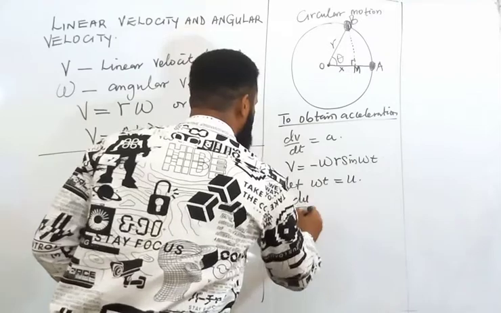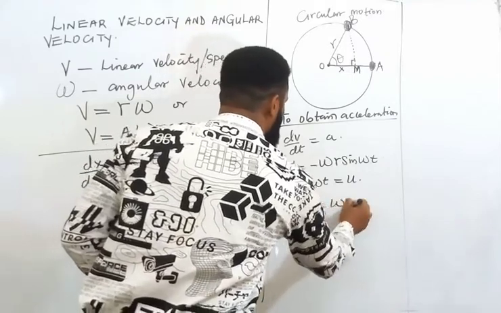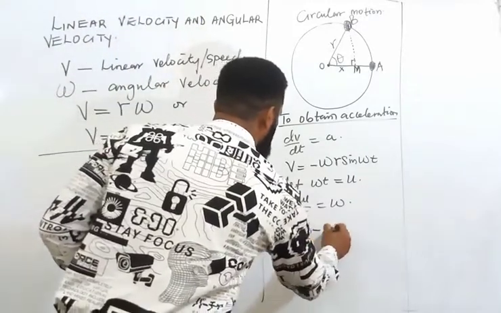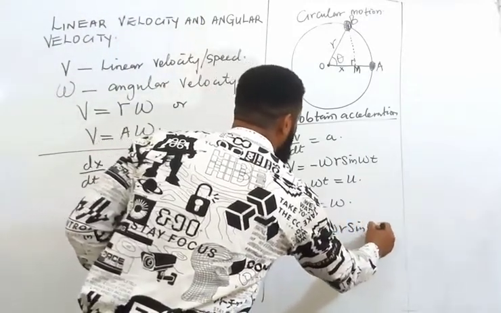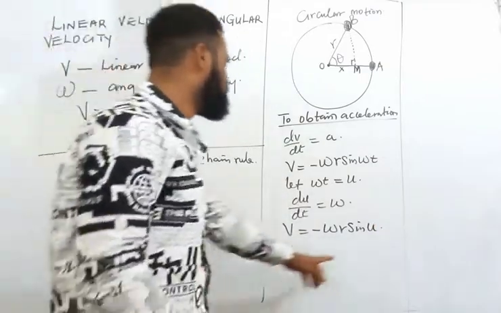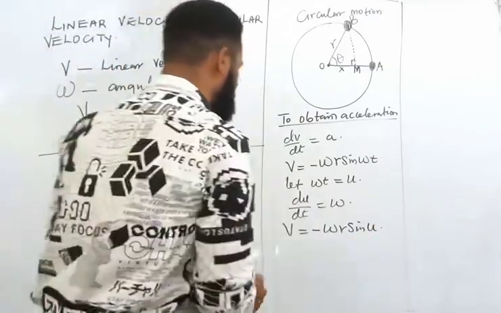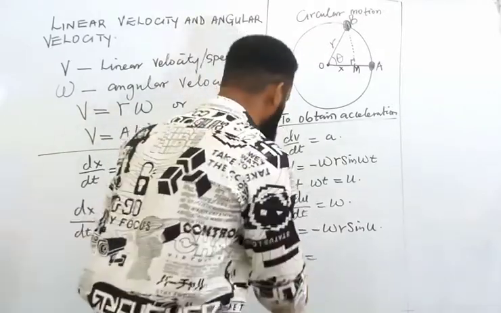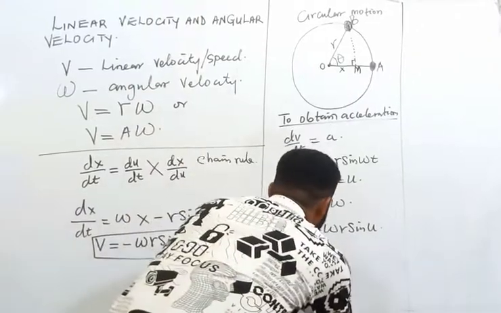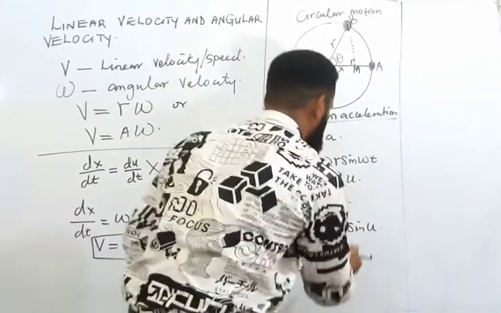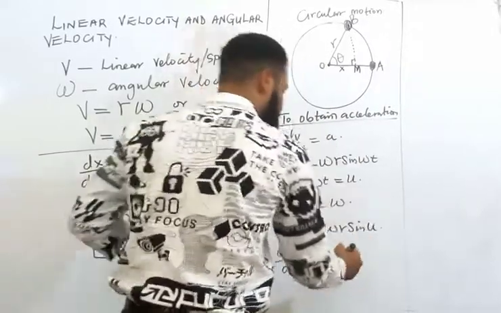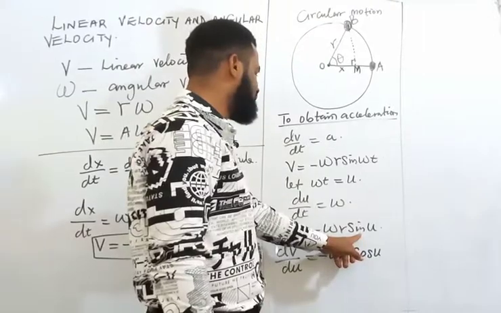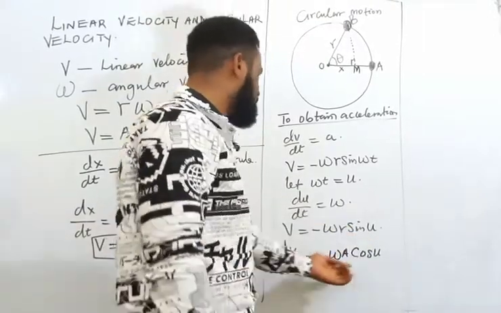So du dt is going to be omega, right? So v becomes minus omega r sine u. So now dv du is going to be minus omega r. If you differentiate sine u, you are going to have cos u.